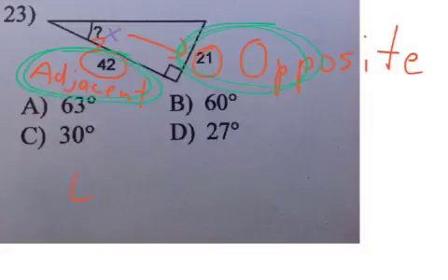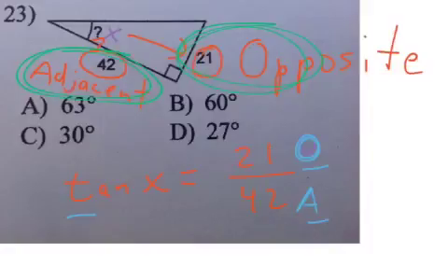We know that the tangent of angle x equals 21 over 42. Again, 21 is the opposite side, whereas 42 is my adjacent side. See the TOA right there? Tangent is always opposite over adjacent.